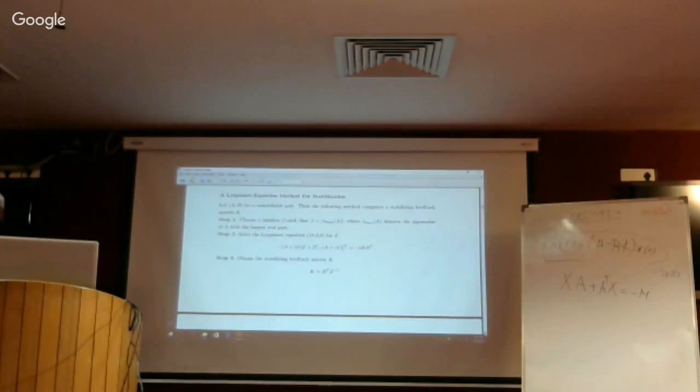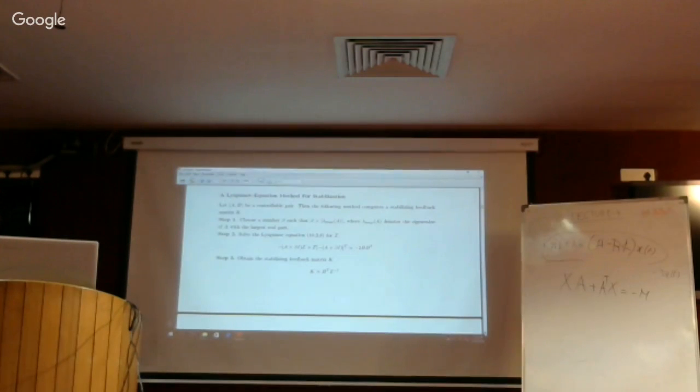So solve that equation. I will tell you how to solve it, but for the time being, you can use the MATLAB command lyap. You have used that yesterday. Get your Z. Z is positive definite, so it has to be invertible.